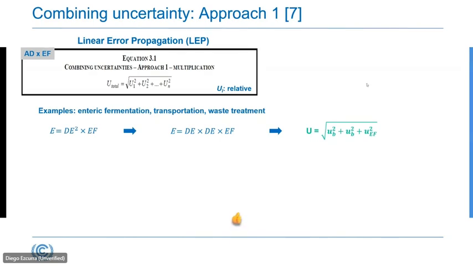Great, thank you. So there were a few questions regarding the use of the propagation formula approach in the multiplication for cases where we have powers. In this case that I showed, I applied equation 3.1 directly to the power as if they were independent variables, which some of you mentioned they were not, and of course they are not.